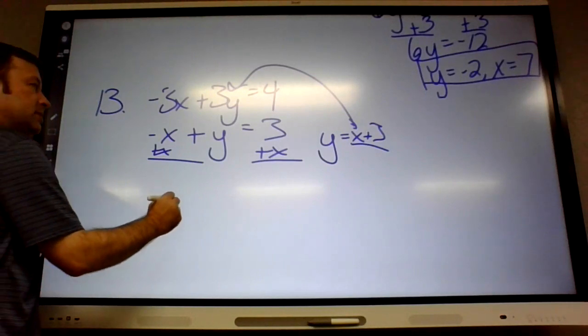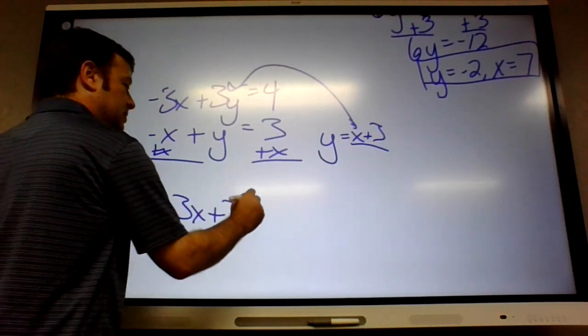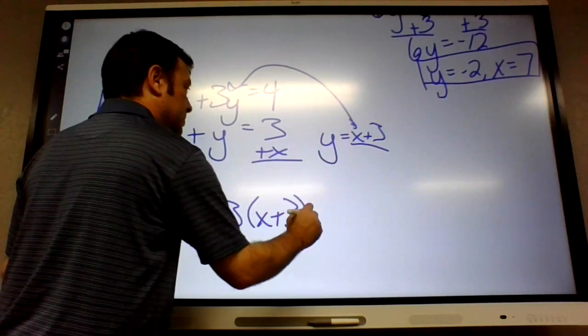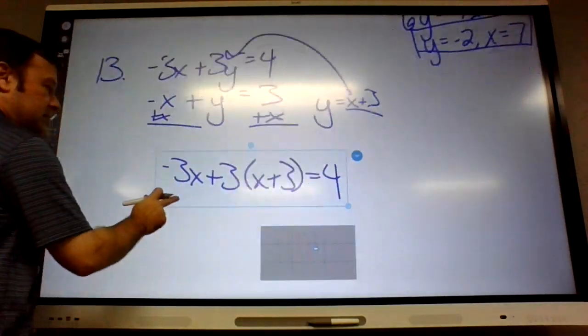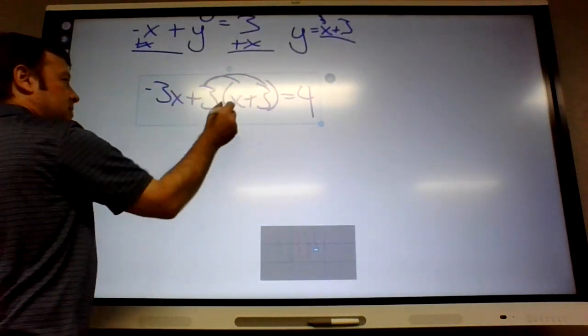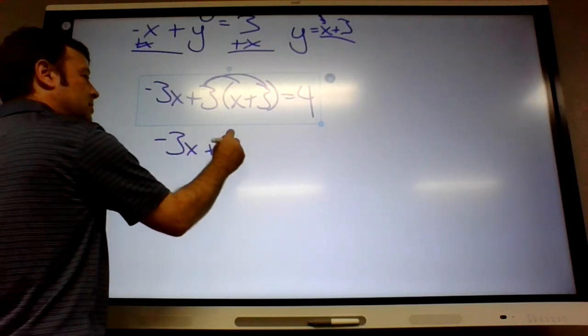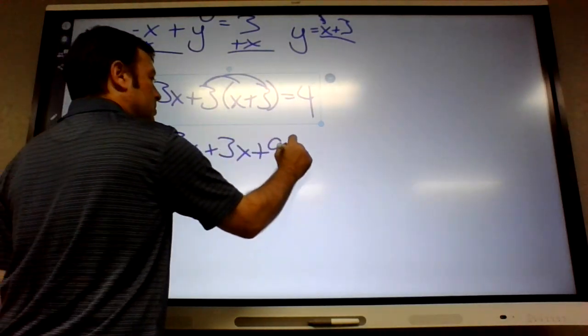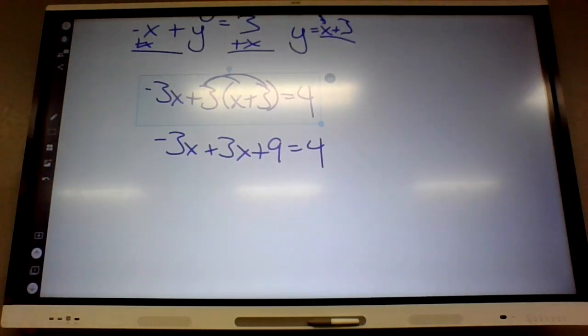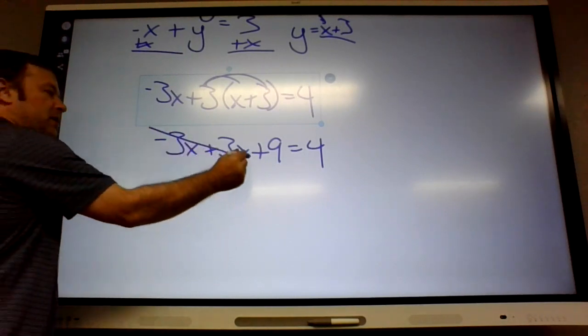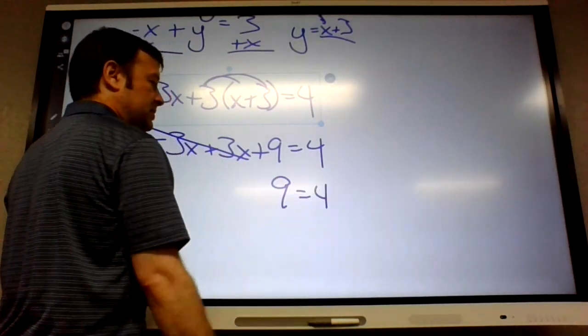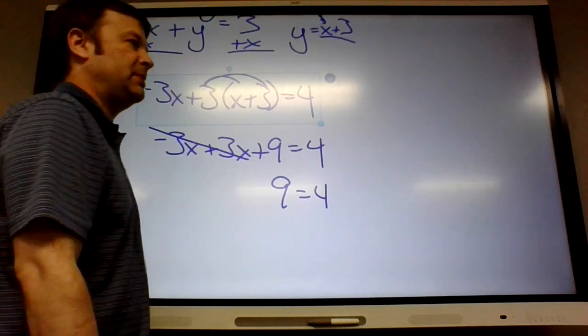It'd be negative 3x plus 3 parentheses x plus 3 equals 4. Just solve. It's going to be 9 equals 4, which is nonsense. What did that mean? No solution.